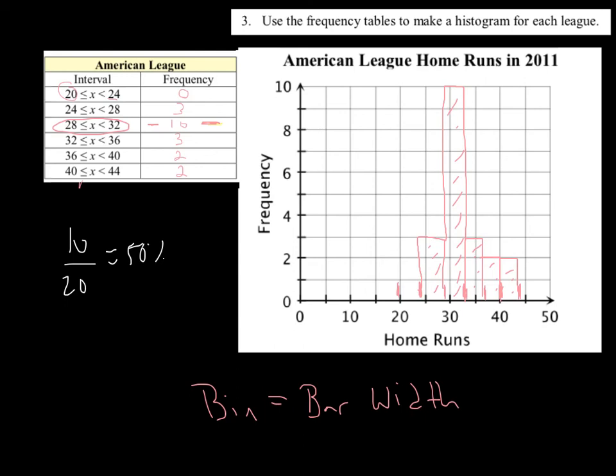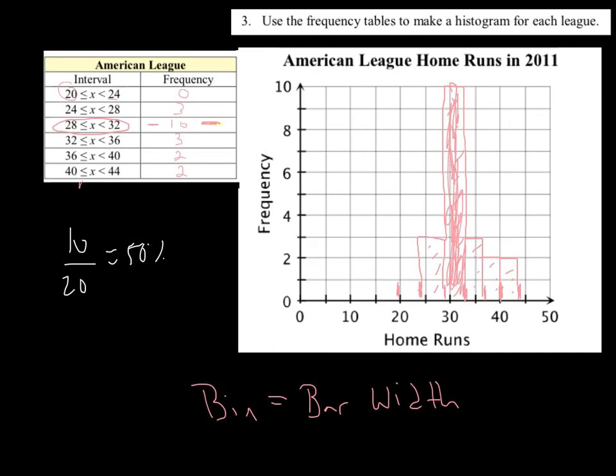This bar should occupy 50% of the overall area of the histogram. So as long as your bin widths are all nicely spaced, equal width, and your frequency is accurate, that proportion or area should work out to be fairly simple.